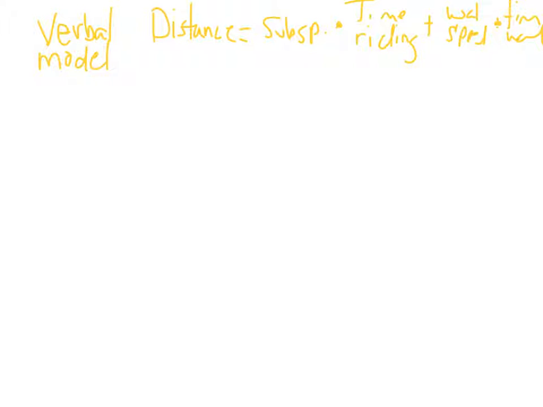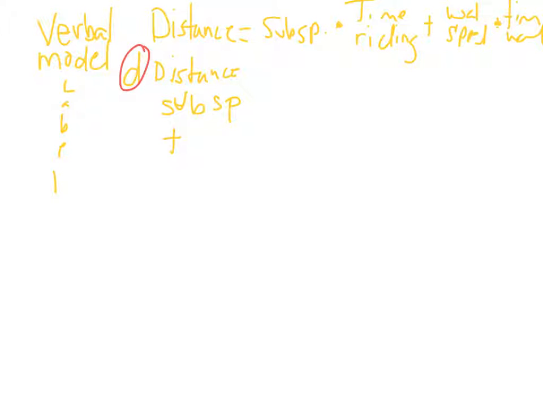So we need to start labeling our components. Distance is going to be D. So D will be for distance. Subway speed, I don't really have an abbreviation for that.